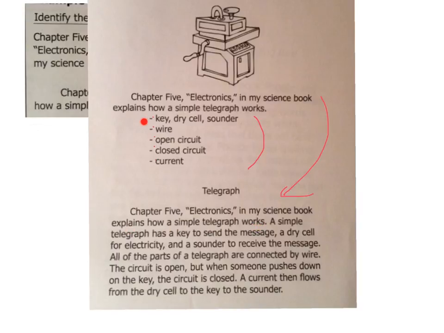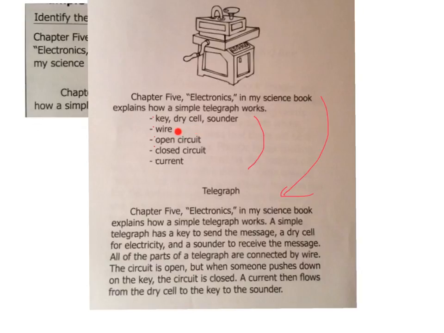Now I'm going to take my key, dry cell, sounder details and put those into sentences. A simple telegraph has a key to send the message, a dry cell for electricity, and a sounder to receive the message. There we go. One sentence for those ideas.